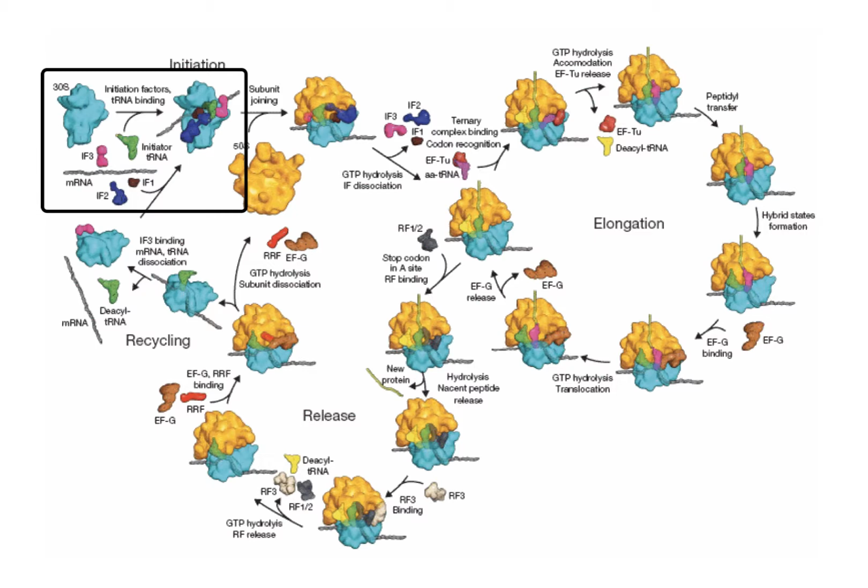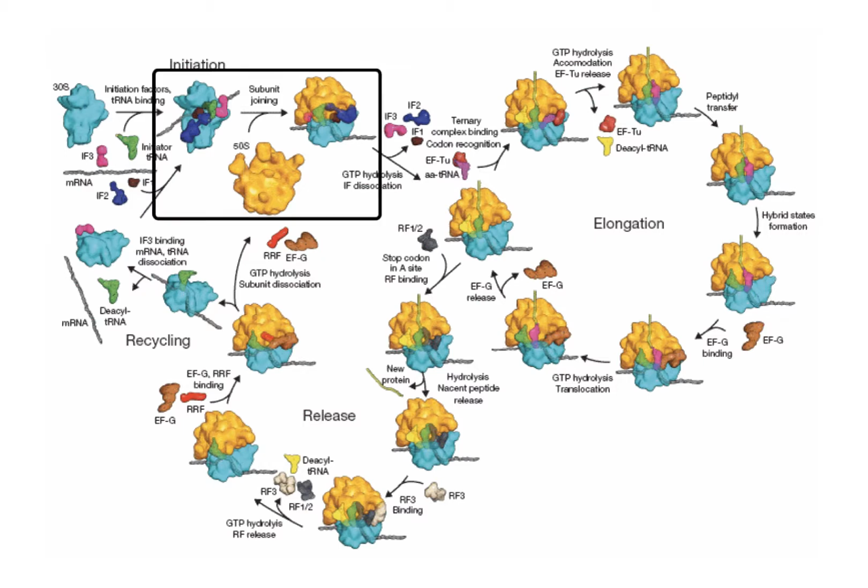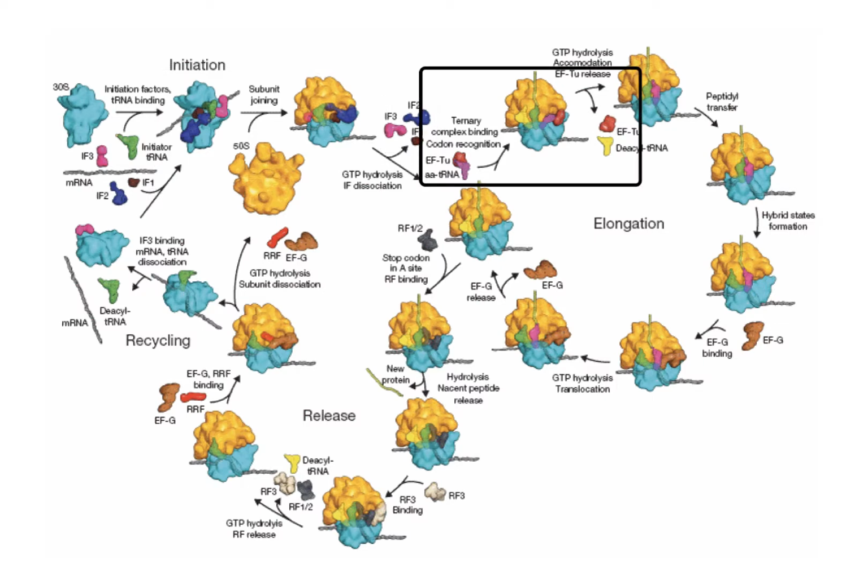There are also some initiation factors that come together to join that with the small subunit of the ribosome. Then this joins with the large subunit, and the initiation factors come off, and then a tRNA with the EF-Tu, which is an elongation factor, comes in and then initiates translation.